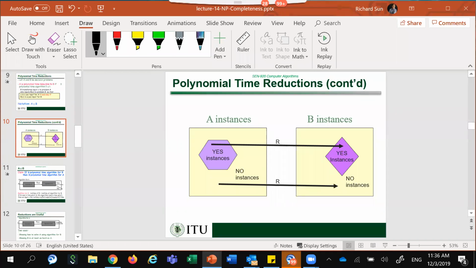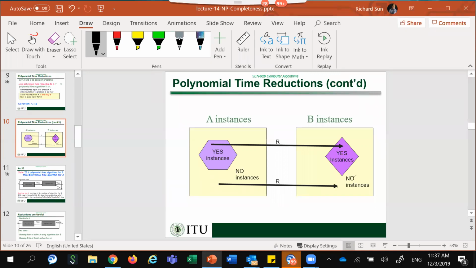The purple area represents all the problem instances whose answers are yes, and the yellow area are all the problem instances whose answers are no. A polynomial time reduction from A to B means that there exists a polynomial time algorithm that can transform any problem instance inside the purple of A to a problem instance inside the purple in B, and any problem instance in yellow can be transformed in polynomial time to a problem instance in B also in yellow.